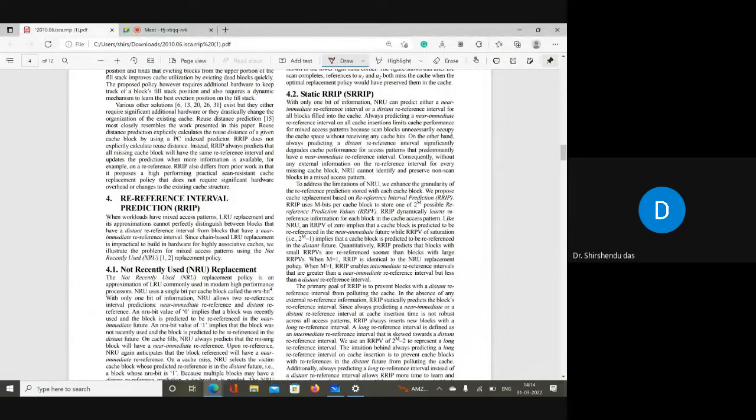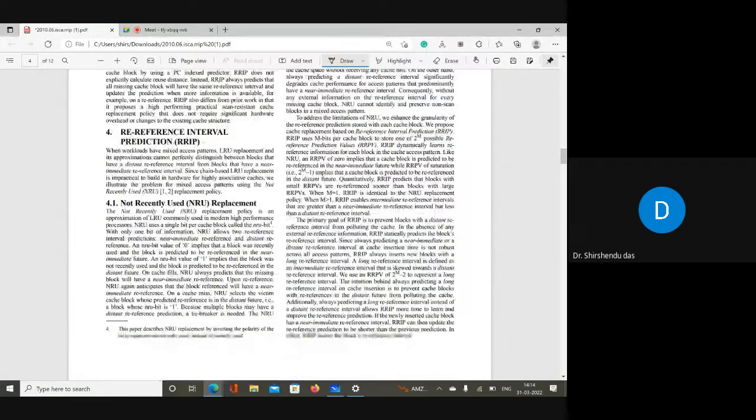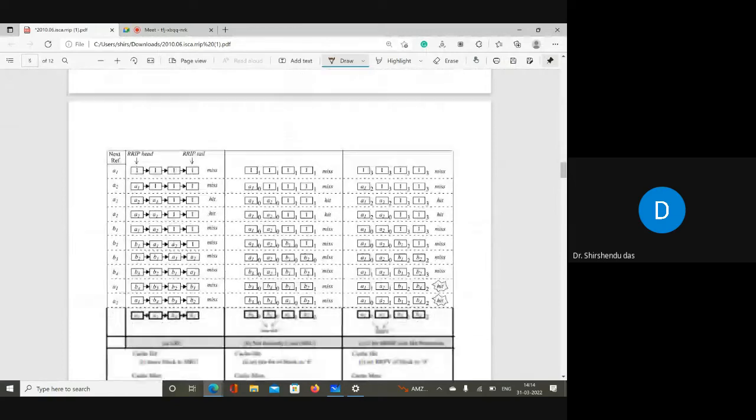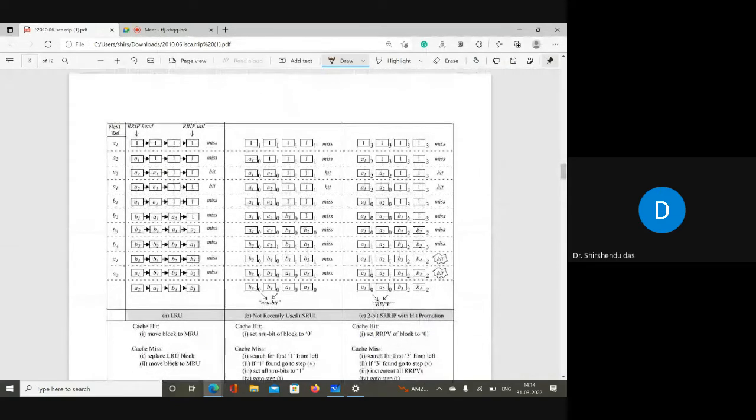First we'll try to understand LRU, and then we'll understand this here. The first column is for LRU, the second column is for NRU, not recently used, and the last column is for SRRIP.